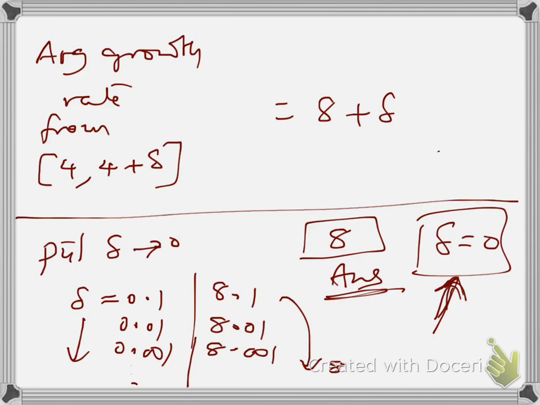The closer delta goes to 0, it is not 0, it is going closer to 0. The closer delta goes to 0, the closer the average growth rate goes to 8. To whichever number it is going closer, that we call growth rate. It is going closer to 8, so 8 is the growth rate. This is the indirect method of calculating 0 by 0.